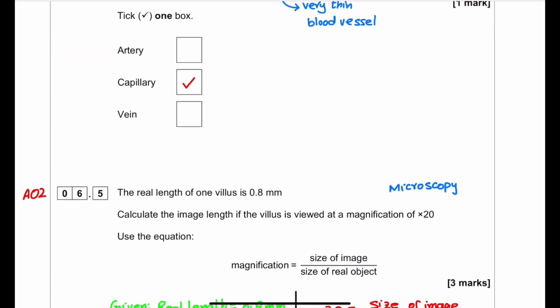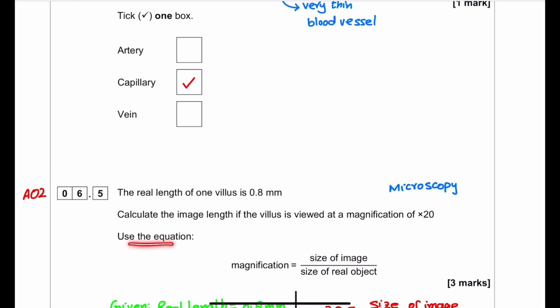6.5 is an AO2 question, and this question is from the topic of microscopy. The real length of one villus is 0.8 millimeter. Calculate the image length if the villus is viewed at a magnification of 20.